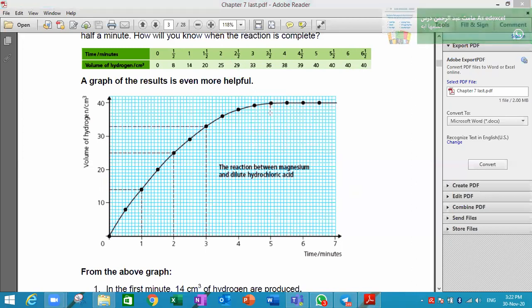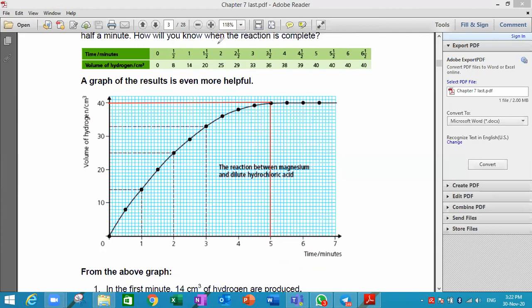Then we are going to measure here the time at which the reaction is complete. And of course, we measure the maximum volume we obtained in this reaction. So this is the beginning of the time and the total volume.